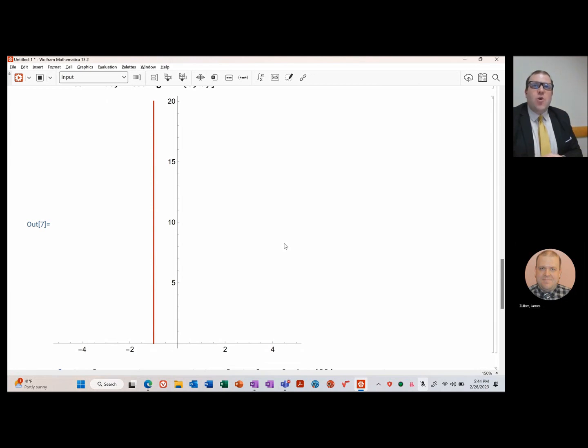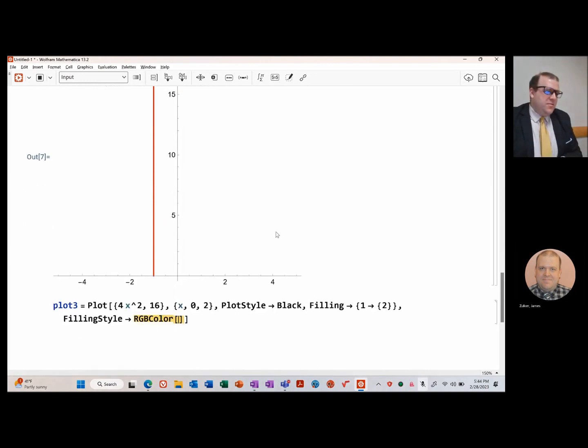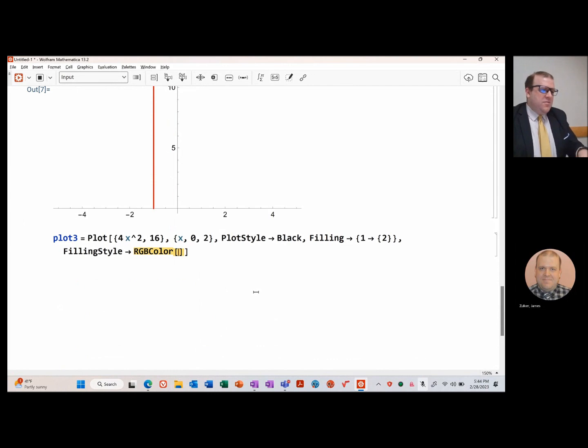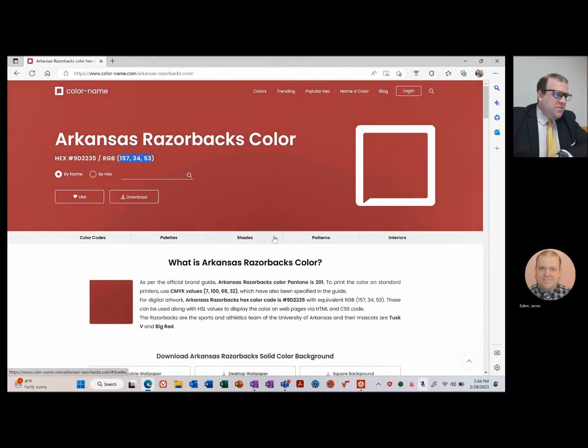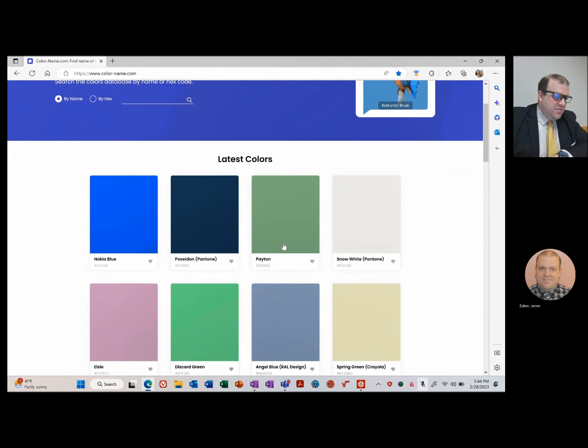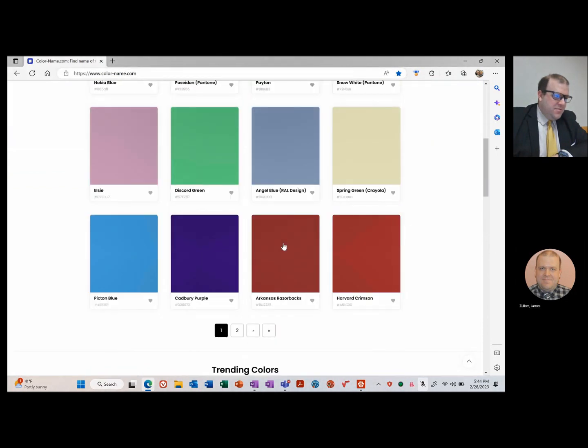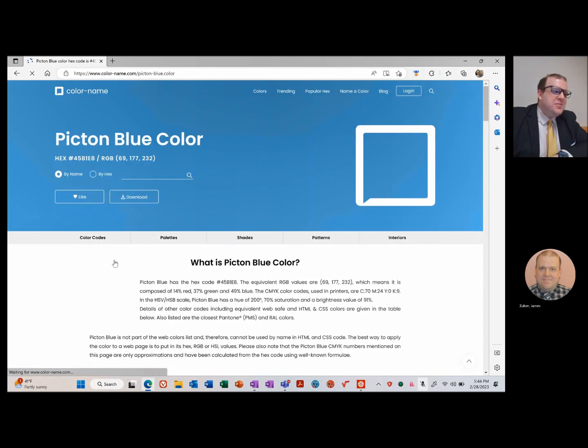No, because our shaded region is only in quadrant 1. On blue because it sounds cool.